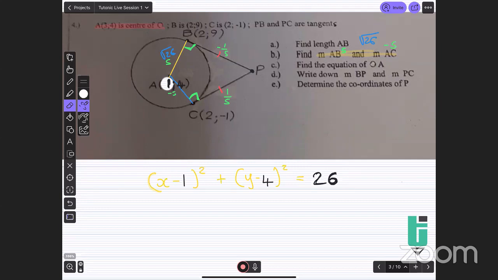Determine the coordinates of P. I think this was maybe the question she wanted to answer. I want to hear from you guys what your ideas are.